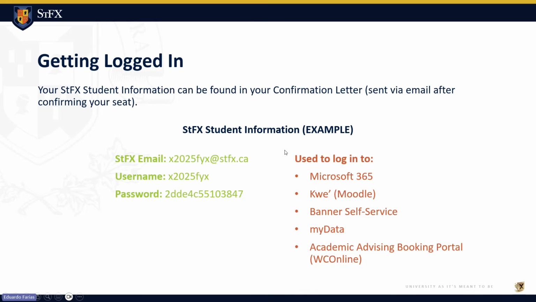This information is used for a bunch of stuff, and you're going to use it throughout your degree. So definitely get familiar with the process. You will use your student email and your password to register for your courses. Now that you have this information from your confirmation letter, for you it will look different. Of course, it would be X2026 for you, which is very cool.